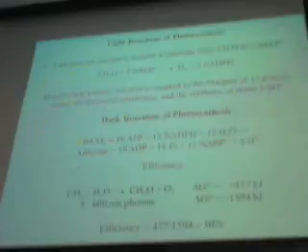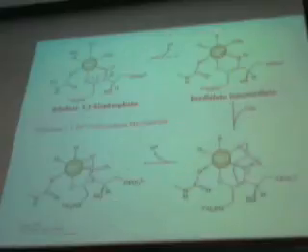So all of this is what's occurring during the light reaction that we talked about last period. And then these are the summary equations that I just talked about. And then this is the entire set of dark reactions of the Calvin cycle, where we're using this NADPH and the ATP to produce glucose.